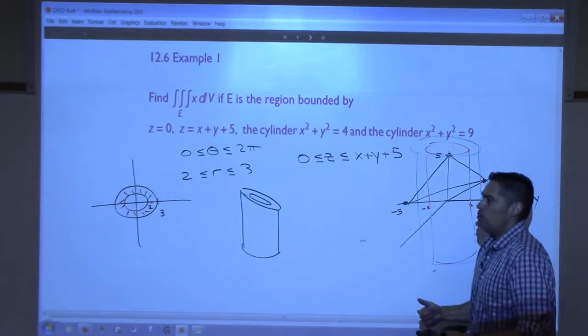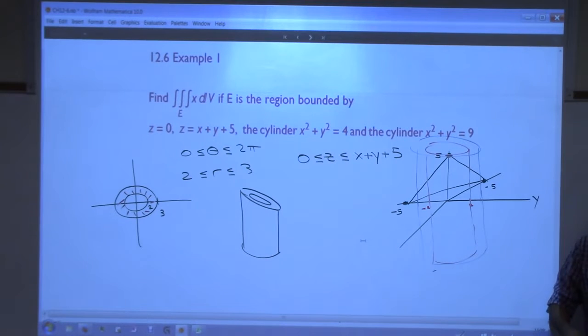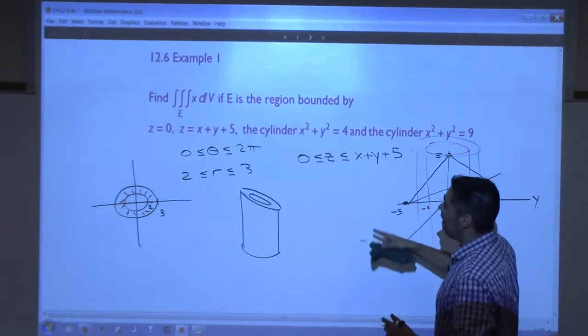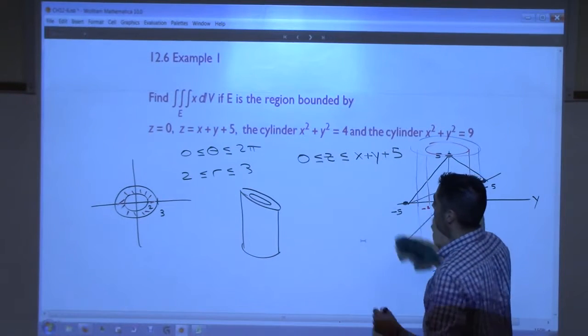The issue is that we went to cylindrical, which is the same as going to polar, which means all your x's and y's have to be converted. So this restriction should not actually say x plus y plus 5.